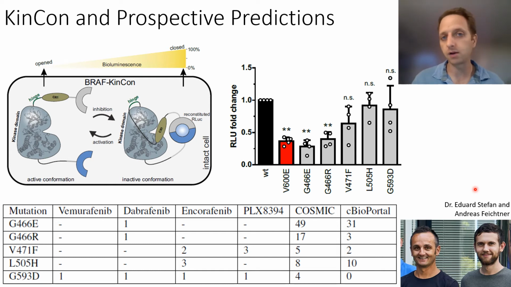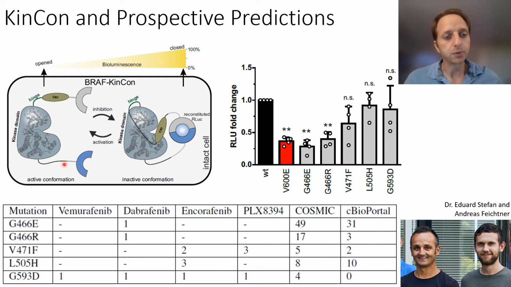a kinase conformational reporter assay, and it's a protein fragment complementation assay that looks at full-length kinase domains and attaches a half of a luciferase on the N term and half of a luciferase on the C term.